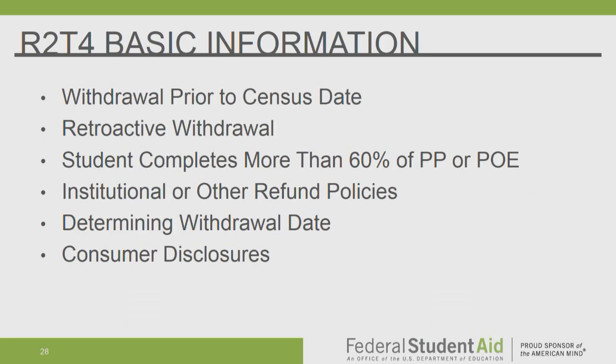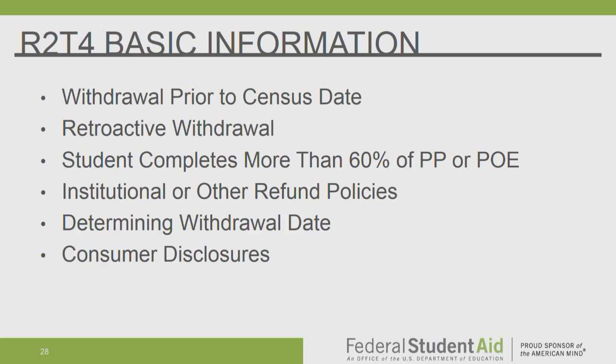Withdrawal prior to census date. Although you have a census date where you take a snapshot of who attended at a certain date, if the student withdrew before that census date, you still need to perform an R2T4. Retroactive withdrawal is when you went back and withdrew the student.